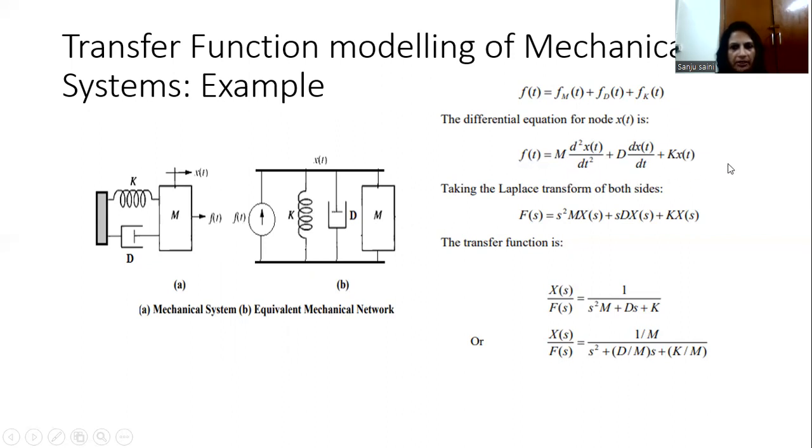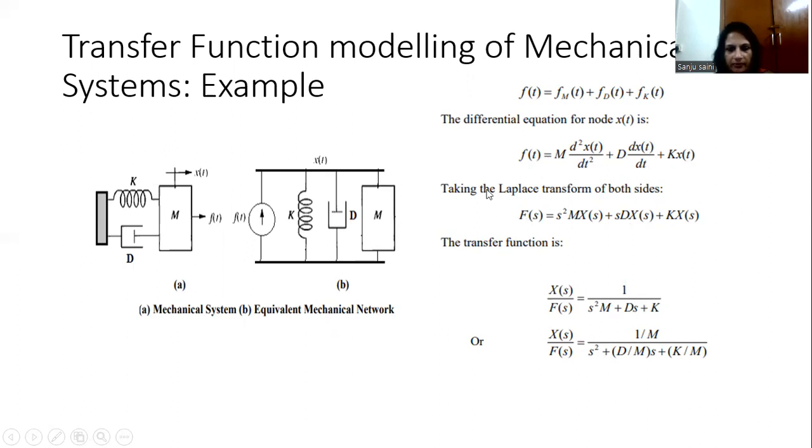Then we take the Laplace transform of this equation, and we will get F(s) is equal to s² multiplied by m into X(s), plus s into D into X(s), then the k x(t), its Laplace transform will be k into X(s).